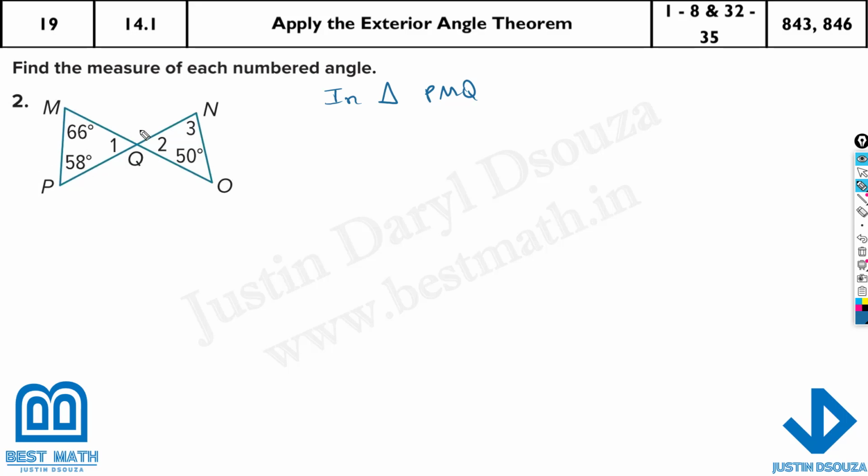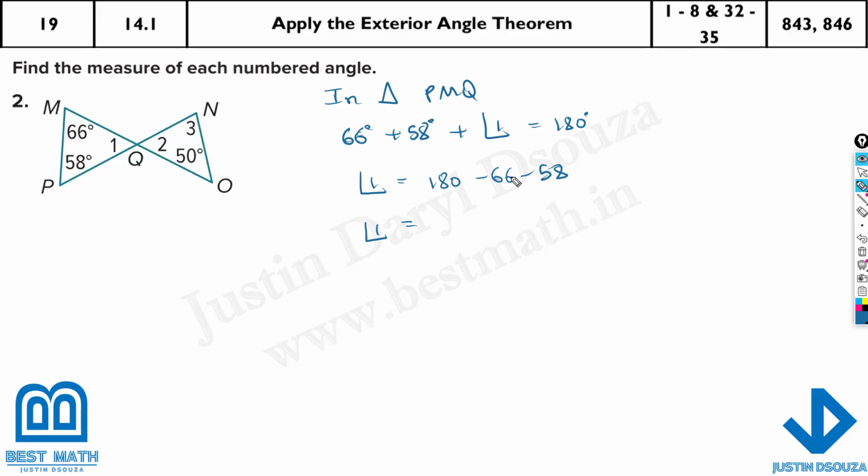This is 66, this is 58, and this is 1. So measure 66 degrees plus 58 degrees plus measure of angle 1 will be equal to 180, isn't it? So let us take everything else to the other side. It's 180 minus 66 minus 58. That will be measure of angle 1.